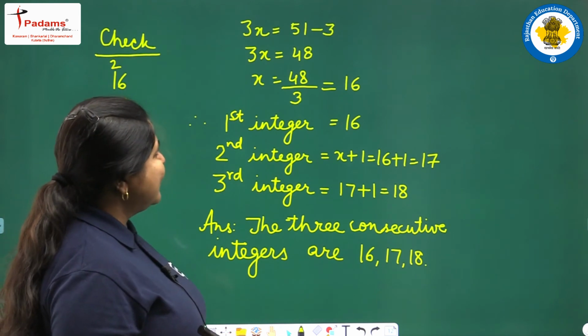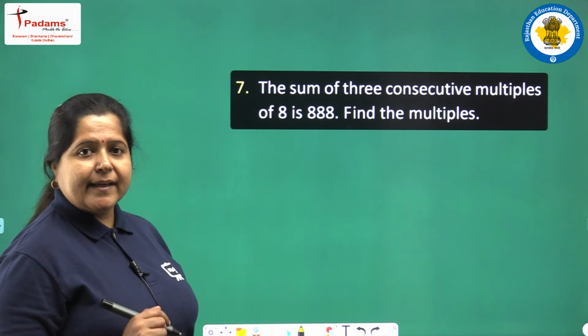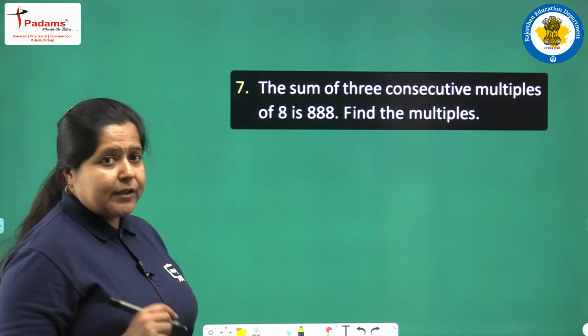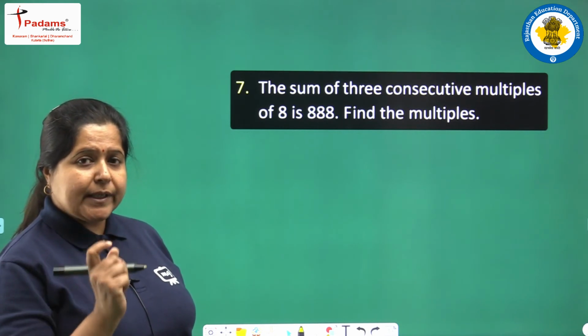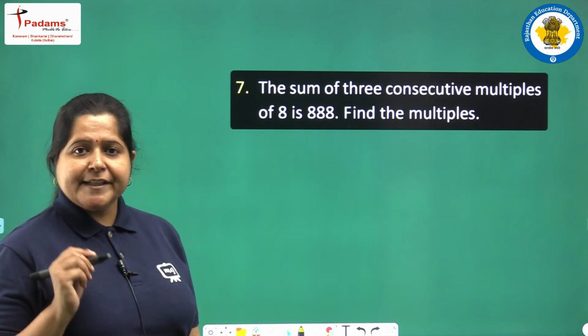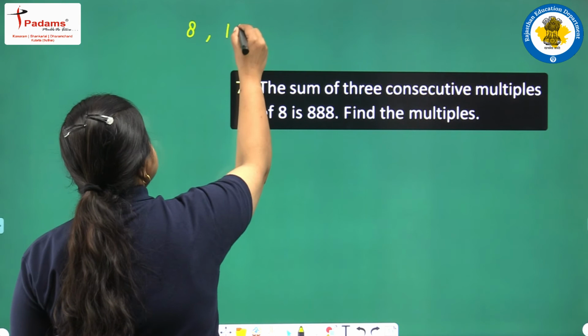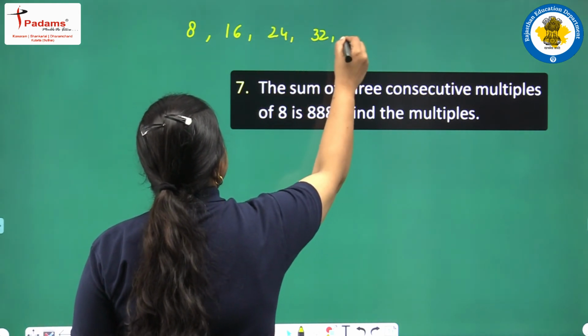Next we have: the sum of three consecutive multiples of 8 is 888. Find the multiples. Now the multiples of 8 will have a difference of 8 between each two consecutive numbers. Let us look at the table of 8 first. We have 8 twos are 16, 8 threes are 24 and then 32 and so on.